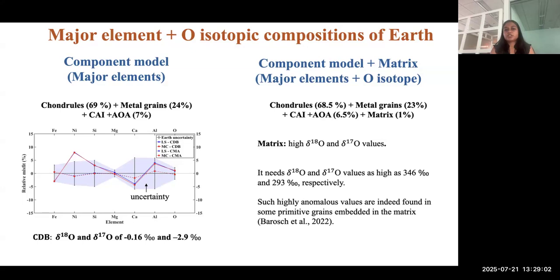So I can make the major element and oxygen isotope composition of Earth both work if I consider matrix with the other chondritic components, and if the matrix has anomalously high positive delta 17 and 18 oxygen isotope values.